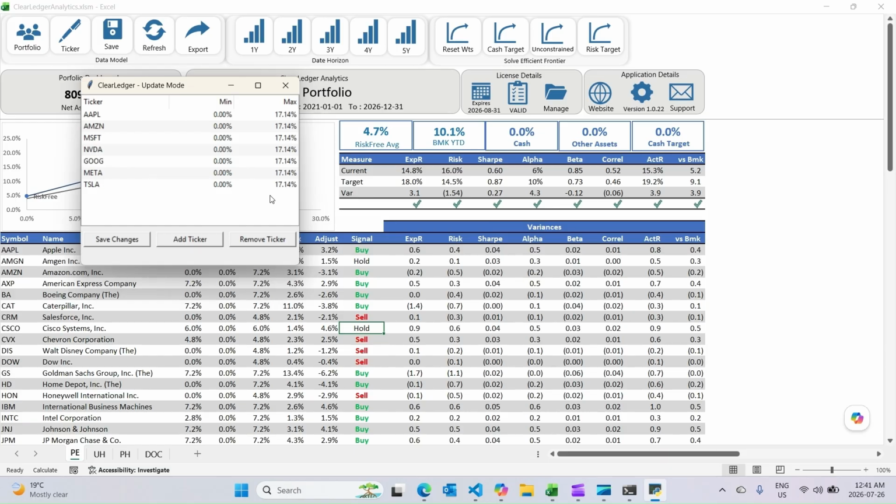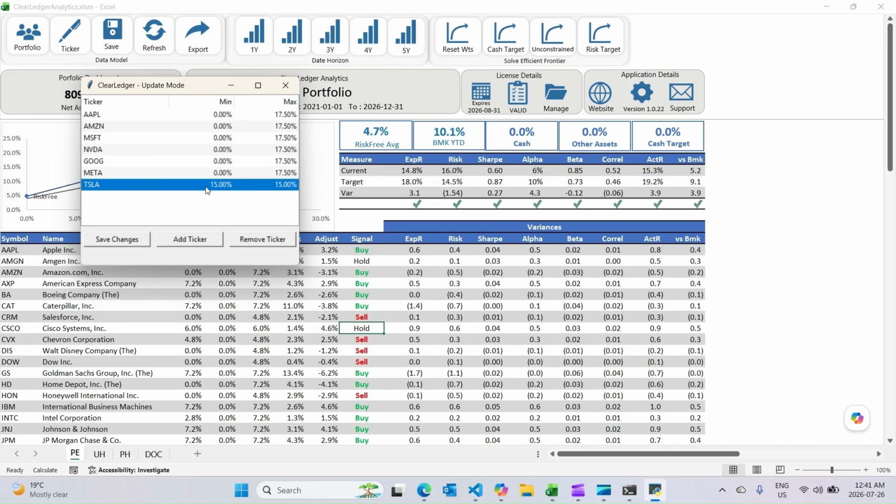ClearLedger controls the max. The portfolio manager, however, has conviction. So if he goes, you know what, I want Tesla to be 15% of my portfolio. Okay, that's a constraint that affects all other positions.